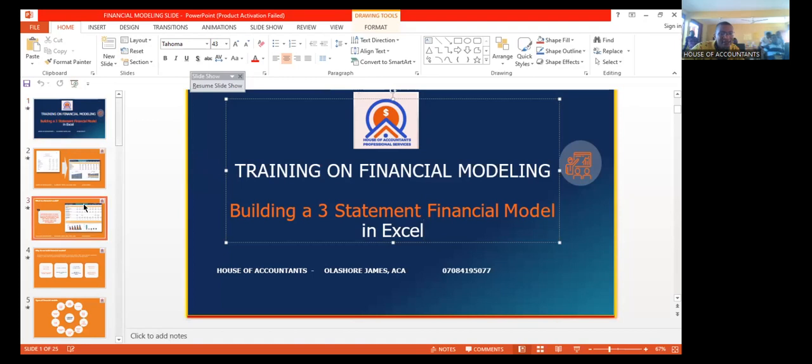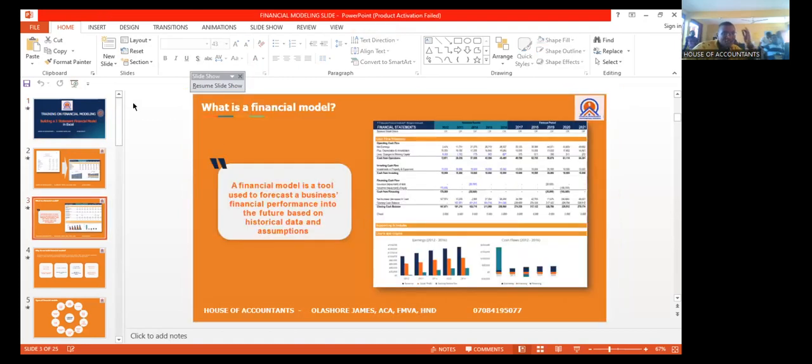So we are in the definition of a financial model. We say a financial model is a tool used to forecast a business's financial performance into the future based on historical data and what? An assumption. I believe you are clear about that already. The historical data is talking about the accounting aspect.